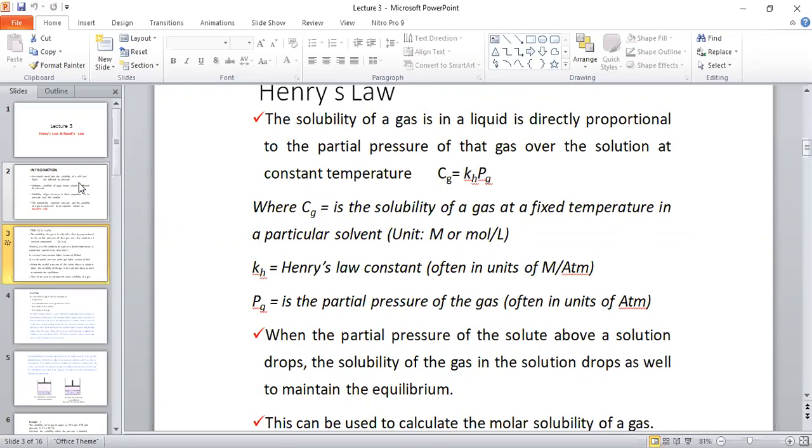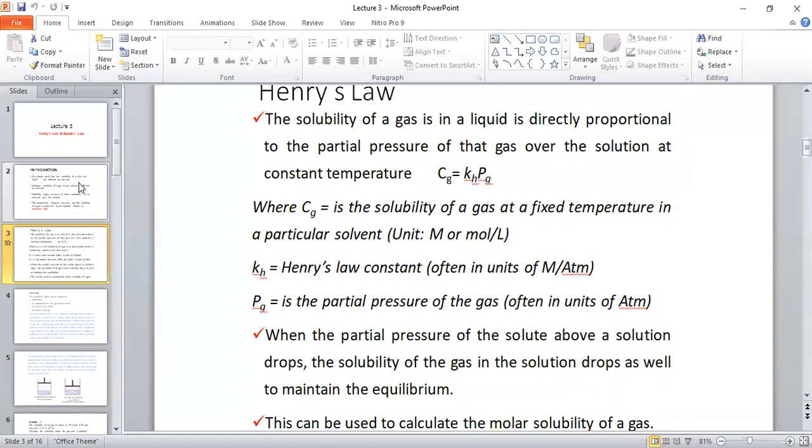The atmosphere is the pressure, since the partial pressure of a gas is often expressed in atmospheres. That's why Henry's law constant is in molarity per atmosphere, which shows the concentration per pressure.